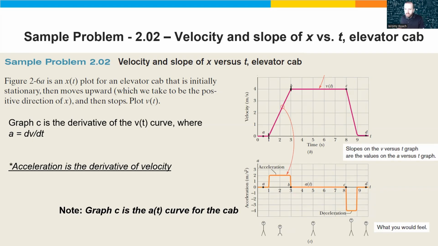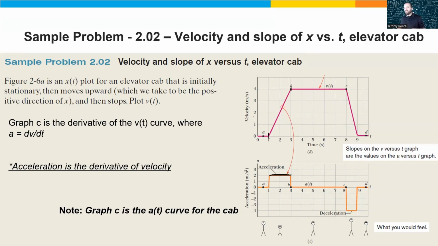There is a constant change in velocity, and that is shown on the acceleration time graph as a constant acceleration. So there's not a constant velocity. The velocity is increasing at a constant amount. And because the velocity is increasing at a constant amount, the acceleration is continuing at that same value.